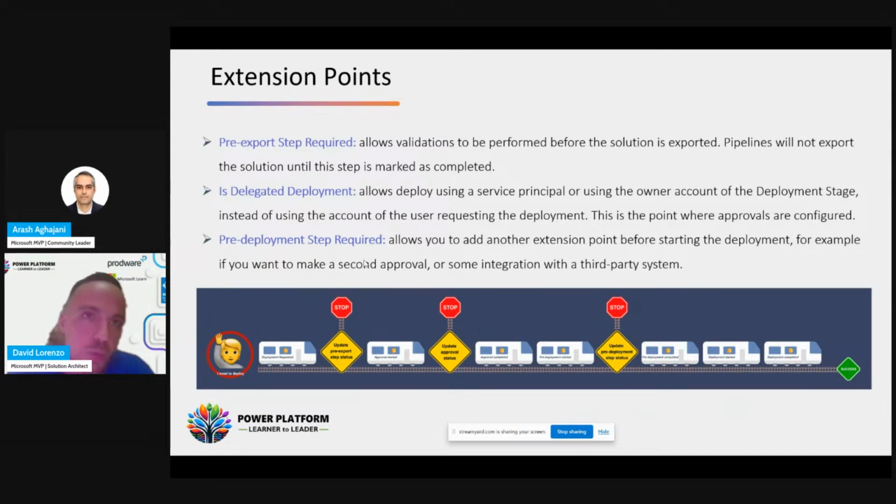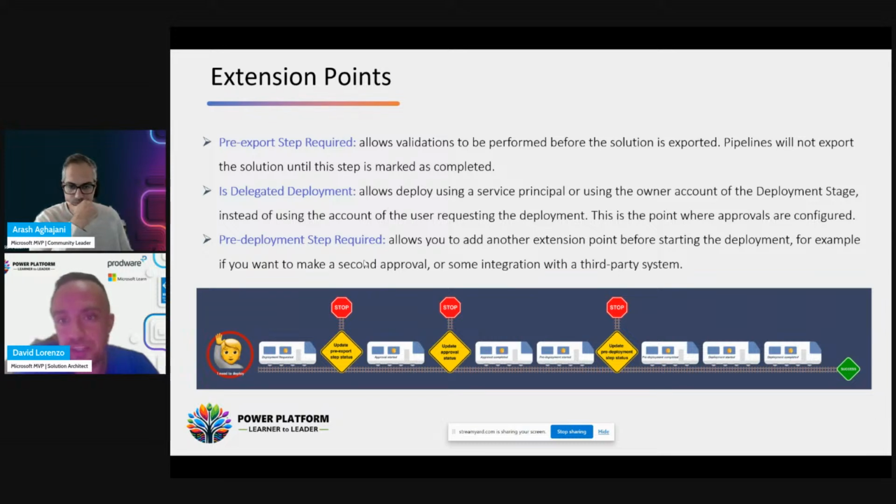So we need to intercept the business event, do the actions that we want to do, and then update the status of the deployment to allow the pipeline to continue deploying, or to fail the pipeline and notify the user that the process has been interrupted. So in the pre-export step required, we can do things before the solution is exported from the development environment.